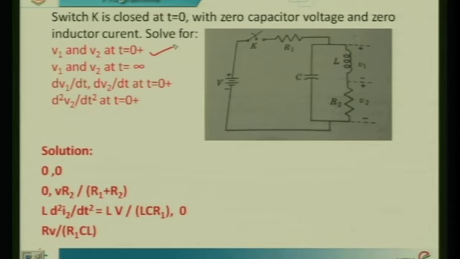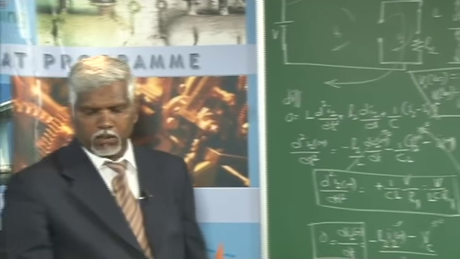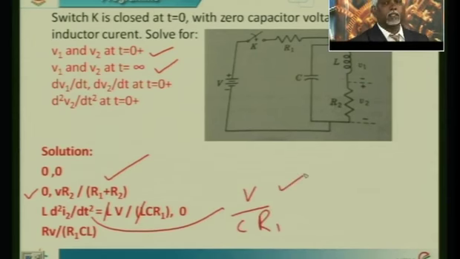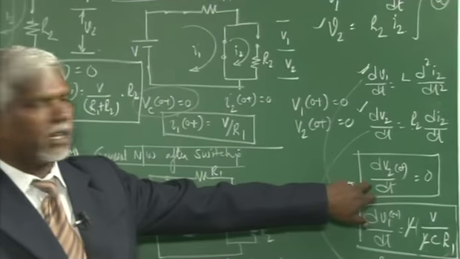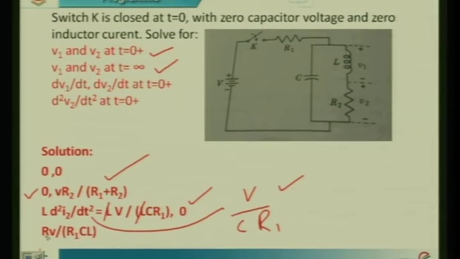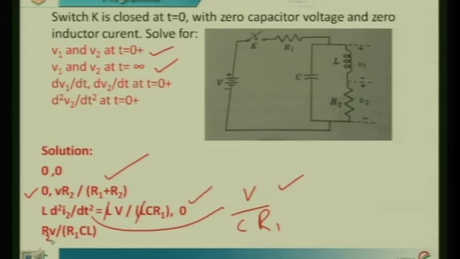V1 at t equal to infinity was 0, V2 at t equal to infinity is V into R2 divided by R1 plus R2, and dV1 by dt is V by C R1, this L cancels with this L, so this will be equal to V by C R1 only. dV2 by dt at t equal to 0 plus is 0, and d squared V2 by dt squared is, this is supposed to be R2, R2 into V by L C R1, which has been obtained as it is. So, these are the answers you got.